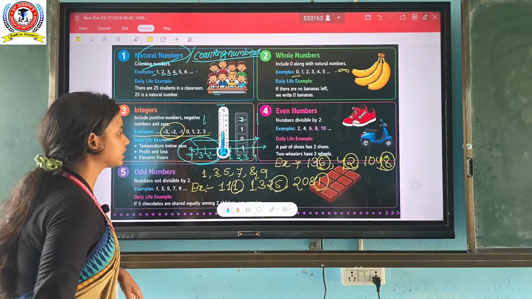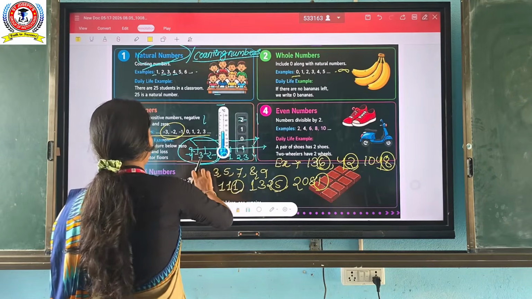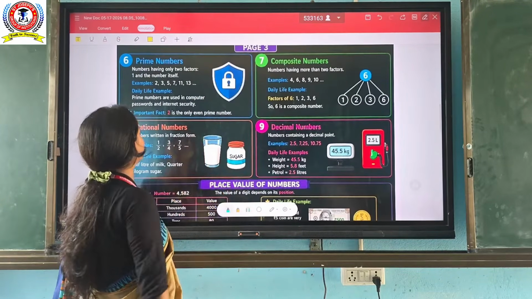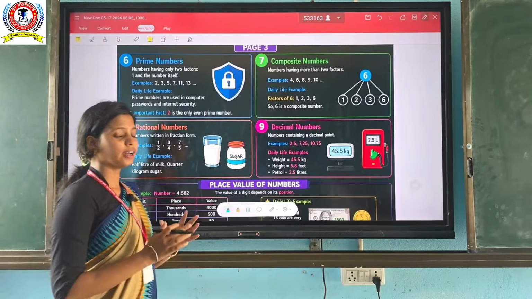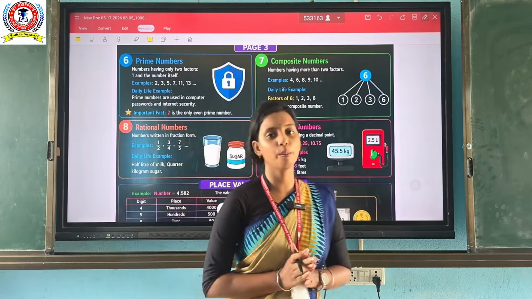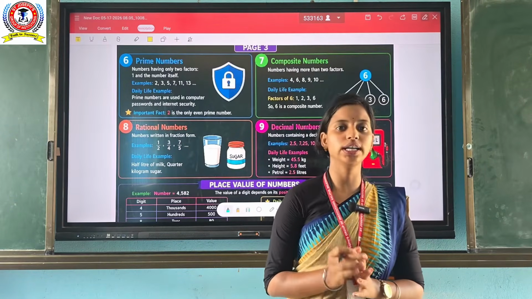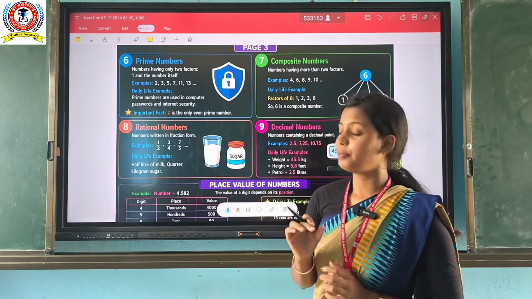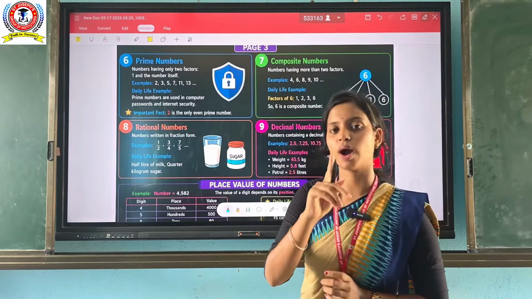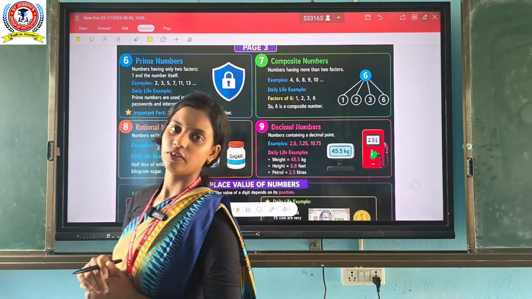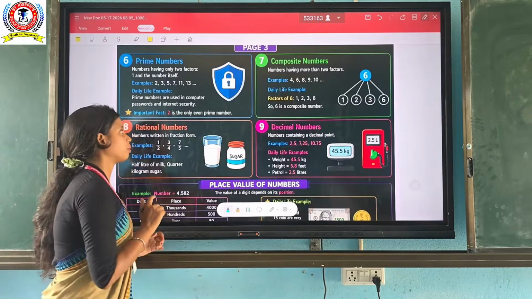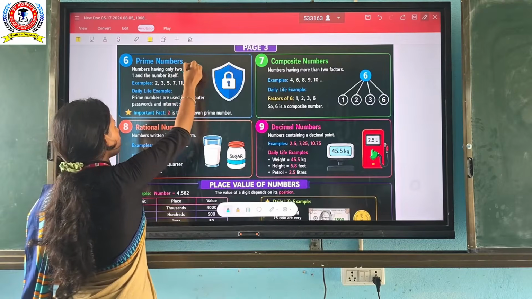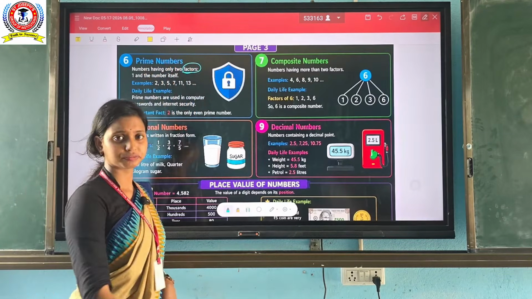So our next number type is prime number. What are prime numbers? Numbers having only two factors, that is 1 and the number itself, are known as prime numbers. For example, here we get a new word: what are factors?